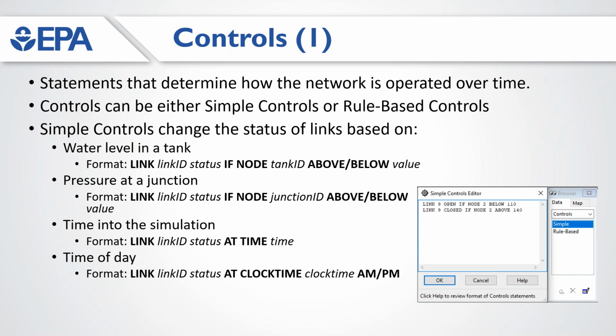It's quite straightforward. Again, the condition can be the level in the tank, as shown in this example. It can also be pressure, like if the pressure is low enough, you do something. And it can be time. The pump turns on in the middle of the night and off in the afternoon. That can also be a quite reasonable simple control.